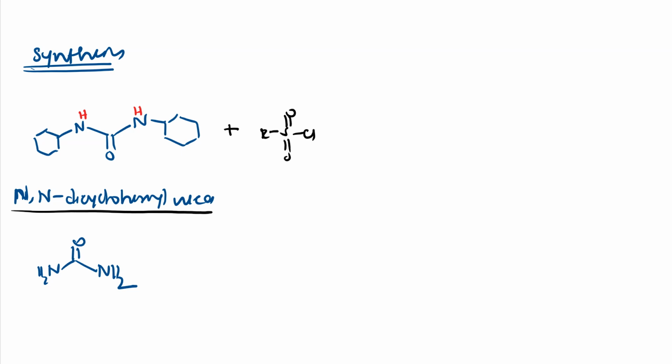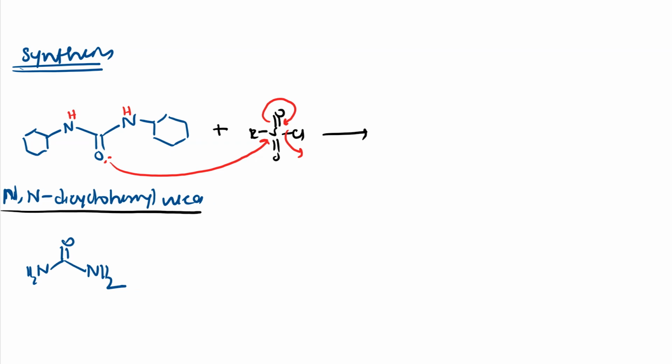So what happens? See here, this oxygen has a lone pair, so it can easily donate its electron density to sulfur. This electron density takes the oxygen, then comes back, and this chlorine is a good leaving group, it leaves the system. As soon as this bond is broken, this carbon gets a positive charge.